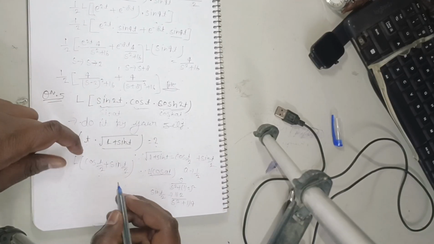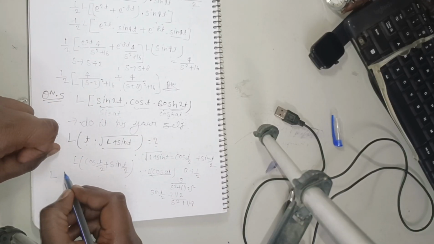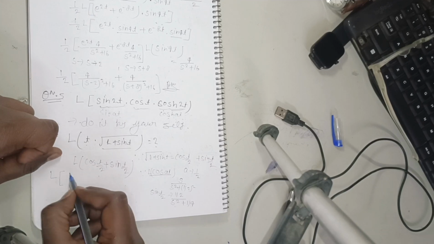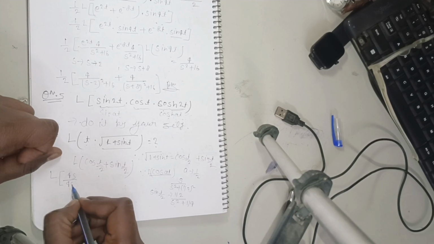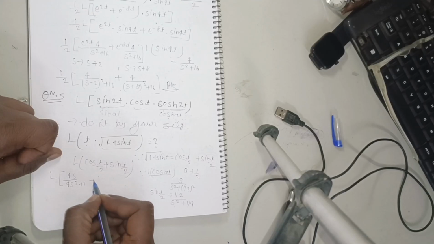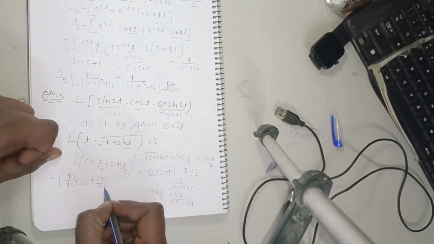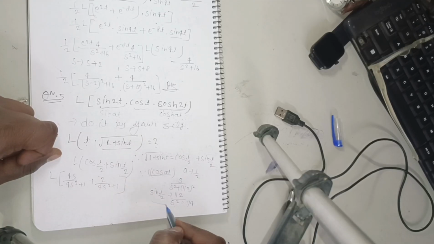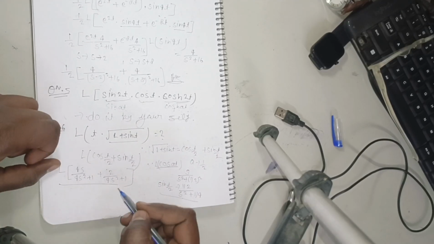I'm solving this, and after solving I can write 4s square plus 1 plus 2 upon 4s square plus 1. After solving this all I can write this.